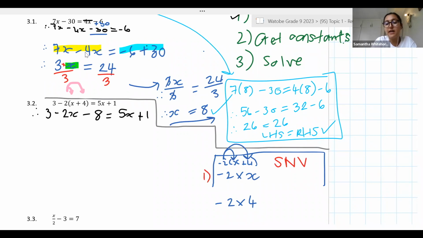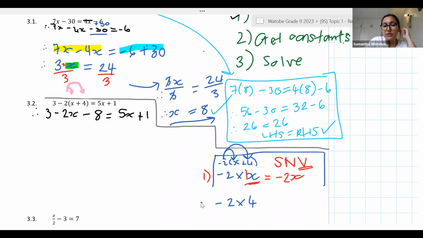We know that a negative times a positive gives us a negative. So that's my signs done. Now I go on to the numbers. Technically there's a 1 in front of the x. So 2 times 1 is 2. And then I've got this x here that still needs to be there because that deals with the variables part of my SNV. So -2 times x is -2x.